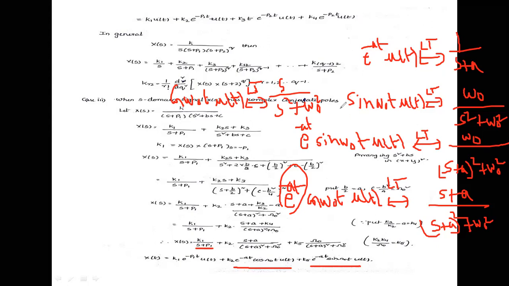Suppose I multiply t into cos omega naught t mu of t, what is the Laplace transformation? When the t is multiplied, it becomes the negative derivative: s by s square plus omega naught square, whole square.